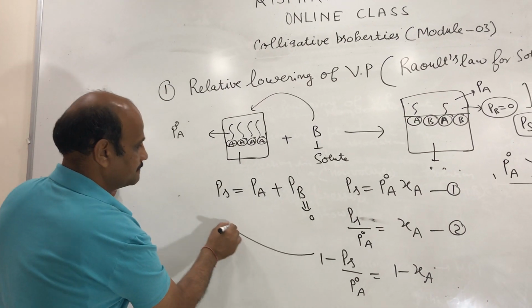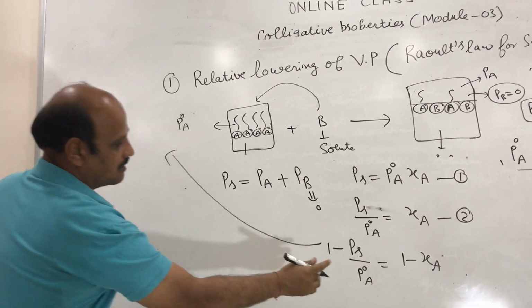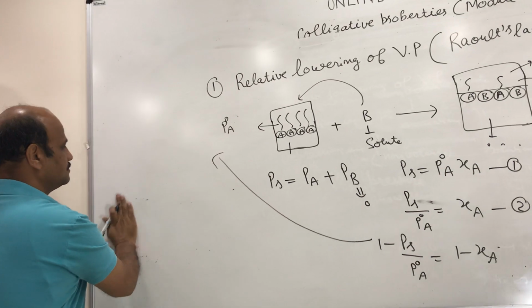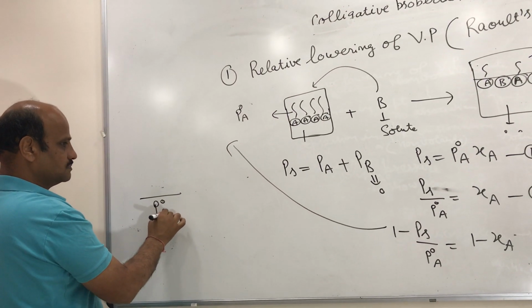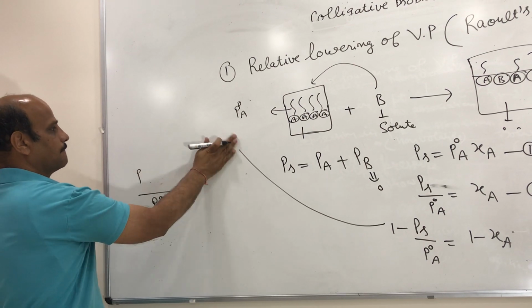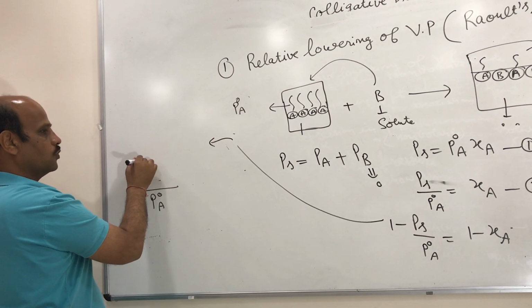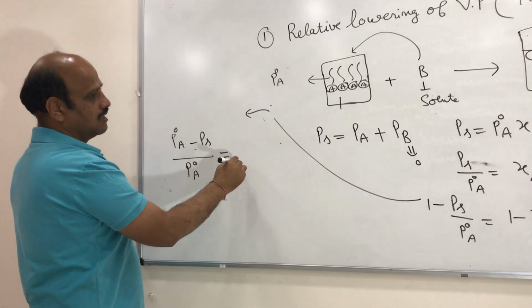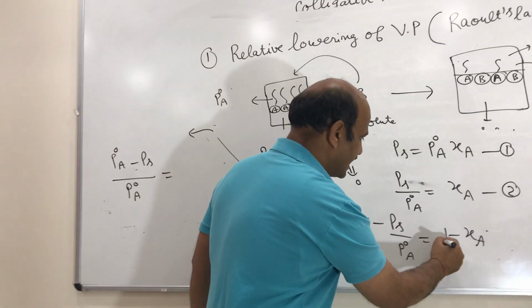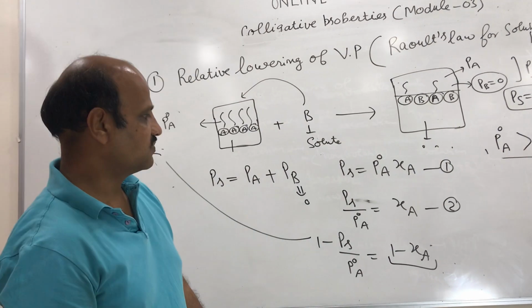Come to this side. Take LCM here. Take LCM, P naught A. So it will be P naught A minus PS upon P naught A, and 1 minus XA. What is that?